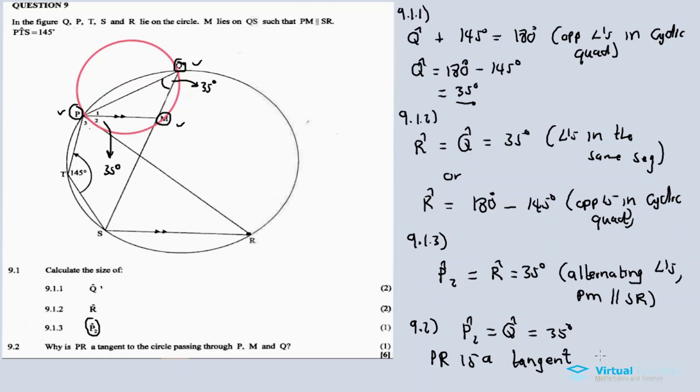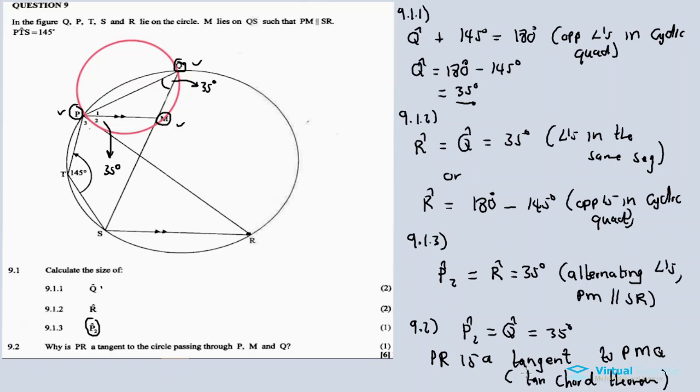PR is a tangent to PMQ because of the tan chord theorem, but it's the converse one. Tan chord theorem. PR is a tangent to PMQ because of this relationship.